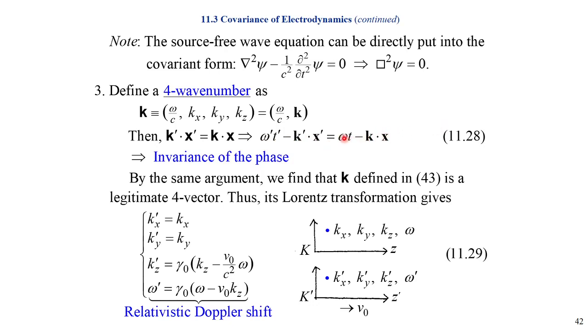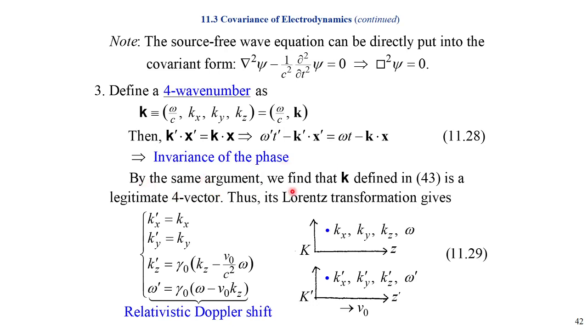What is the value of this one? It looks like exponential of i omega t minus i k x. That's the phase. Therefore, the phase will be invariant under the Lorentz transformation.